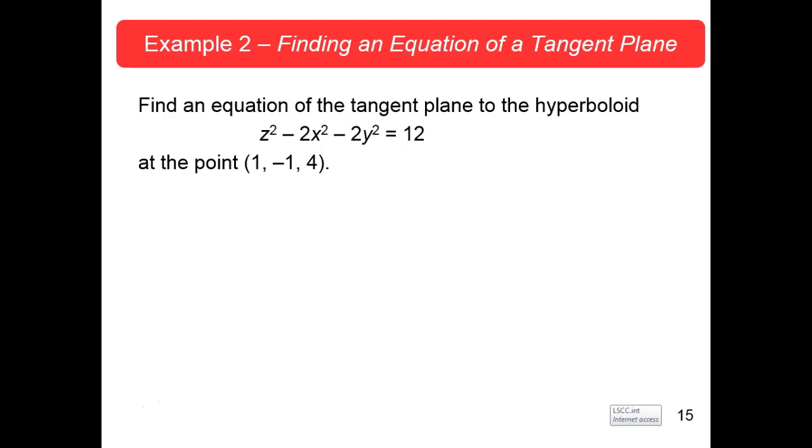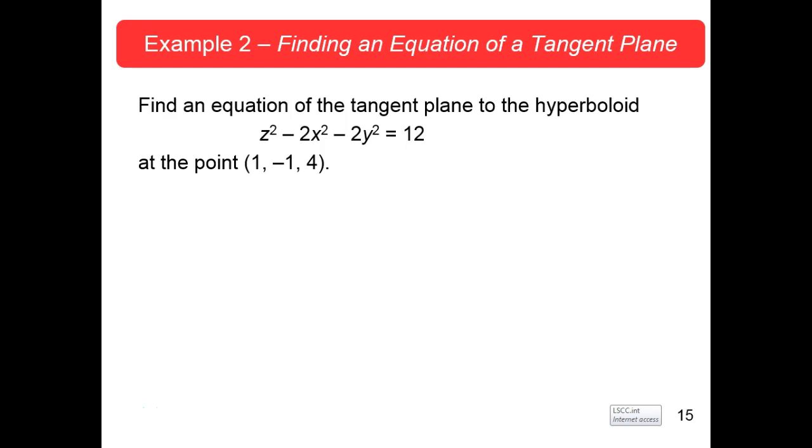All right, sorry. So find an equation of the tangent plane to that hyperboloid at the point (1, -1, 4). Well, wait. I have to convince myself this point is on that hyperboloid. Is it?